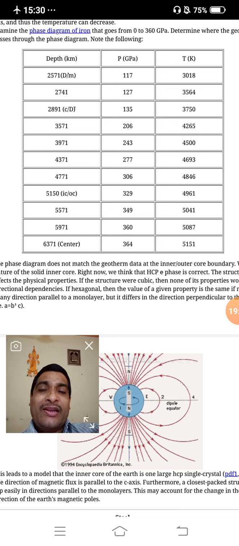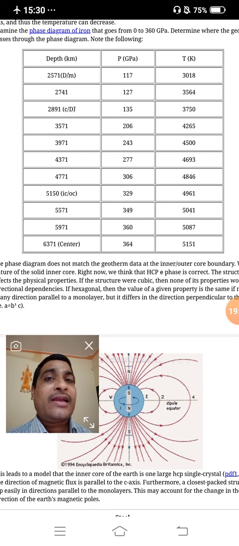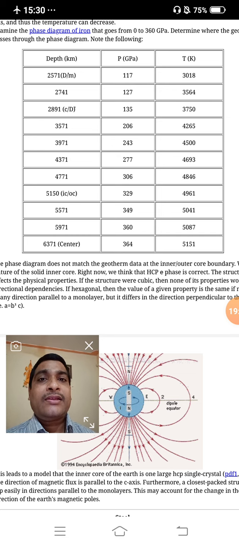At the boundary between mantle and core at 2571 km, the pressure is about 117 gigapascal and the temperature is 3018 Kelvin.